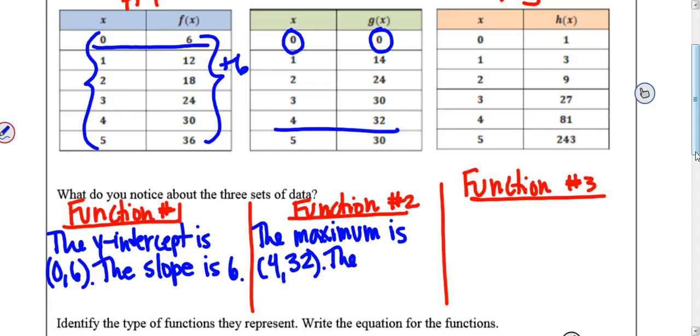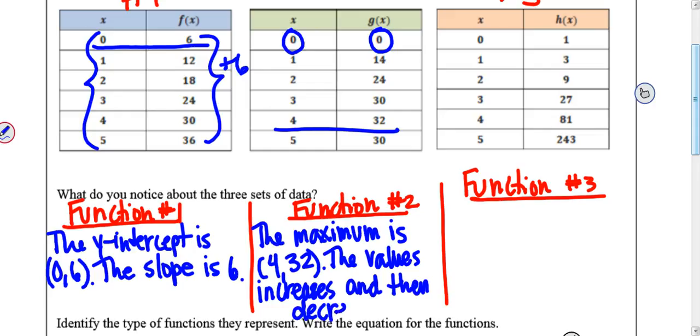We can even talk about the intercepts, but I think I might run out of room. So again, the values increase and then decrease. Okay, sorry about the sloppy handwriting.